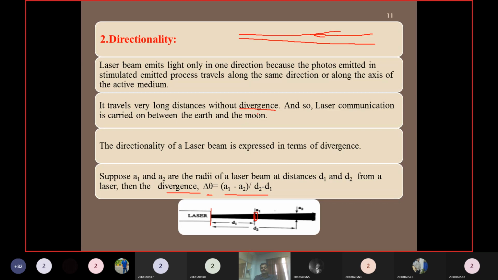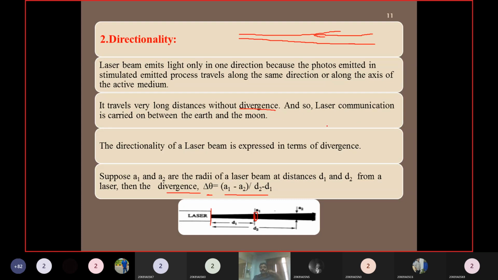Approximately we can neglect the divergence in the case of lasers. That means it will travel a long distance without divergence.